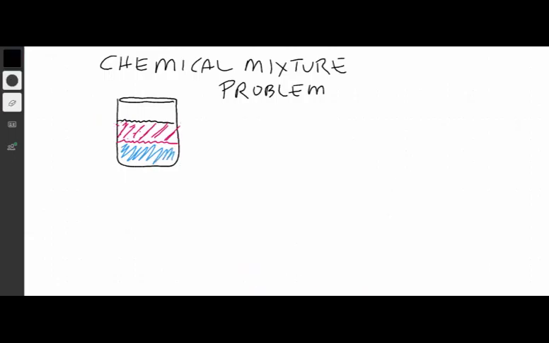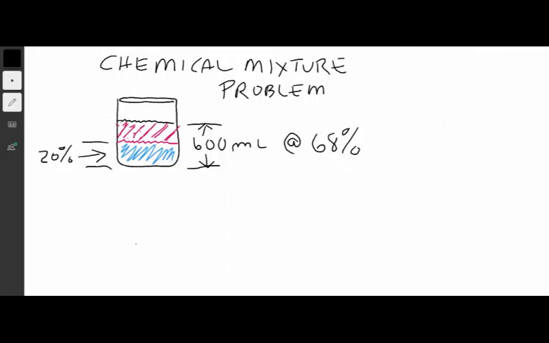Okay, let's do a quick recap. You have a 600 milliliter beaker solution that's 68% alcohol, and you want to evaporate a certain amount, that's in red there, so that the bottom line is what you're left with is 20% alcohol. So you want to drop the 68 down to 20%, as shown in blue.